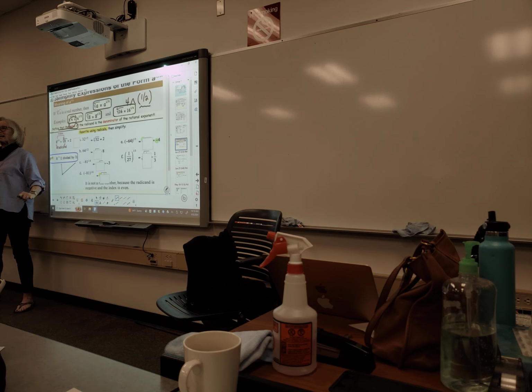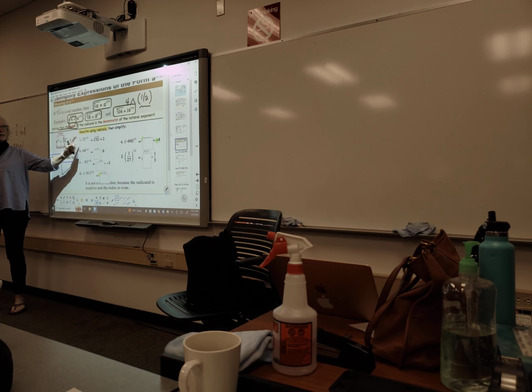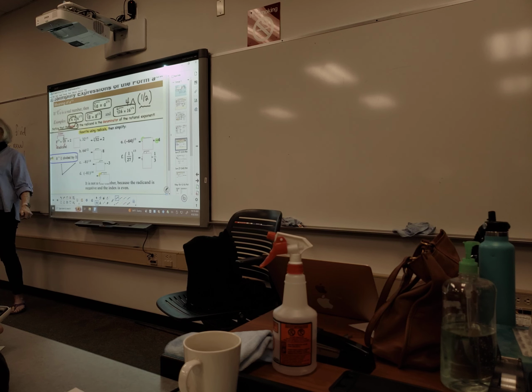These two are exactly the same math problems. One is writing it in rational exponents. Rational means it's a fraction. And one is writing it with radical symbols. Both of them will give you the answer of 2.